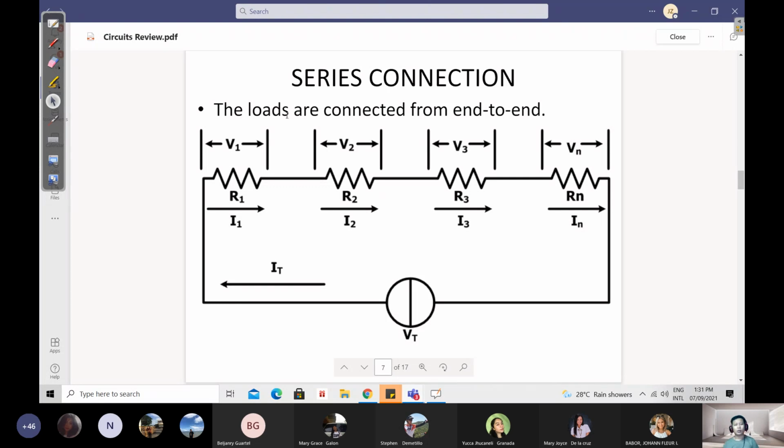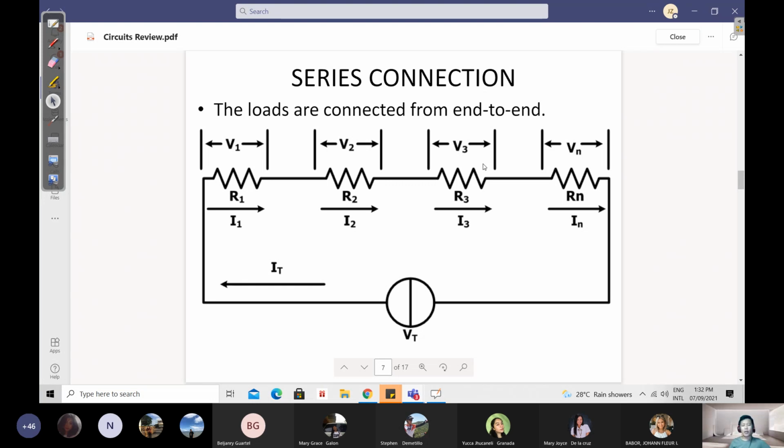That's why I'm using the word load. Load is any equipment that consumes electricity. For example, laptop, TV, cell phone. Anything that consumes electricity can be considered a load. A resistance consumes electricity, that's why it's considered a load.